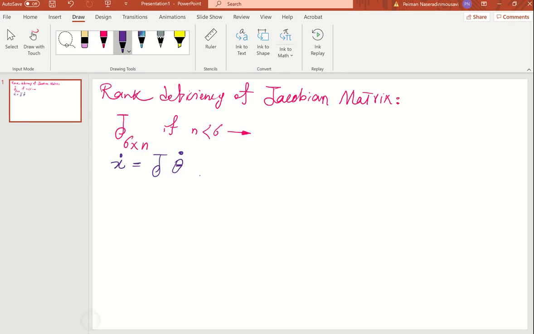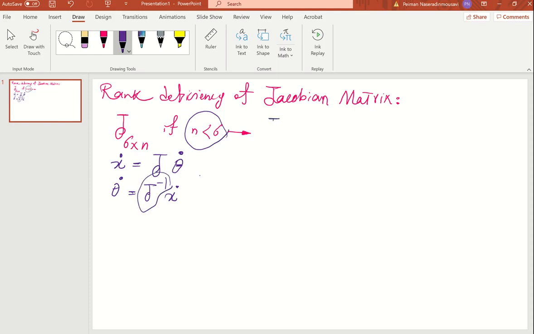In the backward inverse kinematics, we're going to have theta dot equal to J inverse times x dot. But when n is smaller than 6, this is not possible.